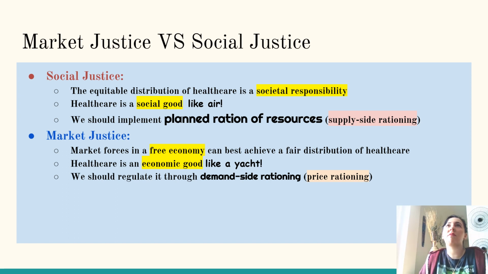An example of that is Canada, which also implements supply side rationing. Basically, any country with a national or socialized healthcare program is going to implement supply side rationing, because they only have so many resources and have to allocate them equitably throughout the country.